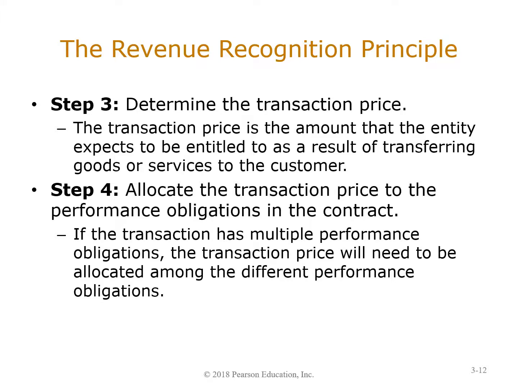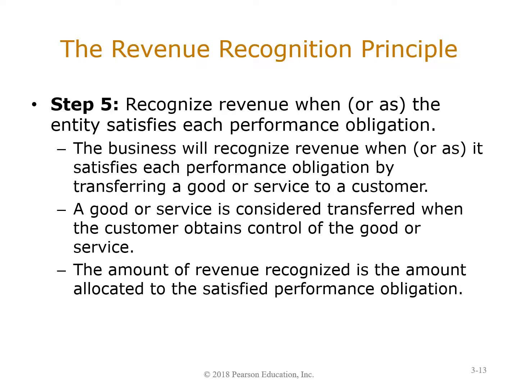Step 4, allocate the transaction price to the performance obligations. So if you have multiple performance obligations, the transaction price will need to be allocated among the different performance obligations. Then you recognize the revenue as the entity satisfies each performance obligation.